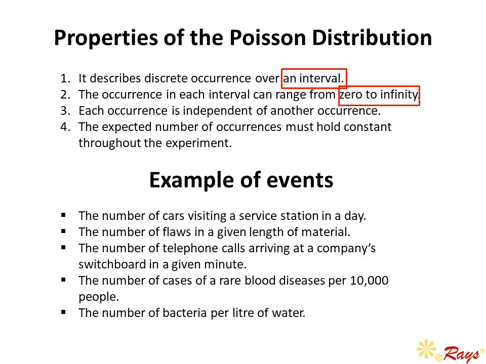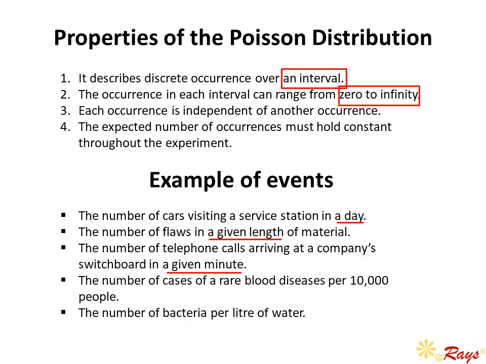Let us check how we can identify the interval here. The first one is cars visiting a service station in a day. That's the interval. The second one, number of flaws in a given length of material. That's our interval, a given length. It could be in meters, it could be 2 meters.